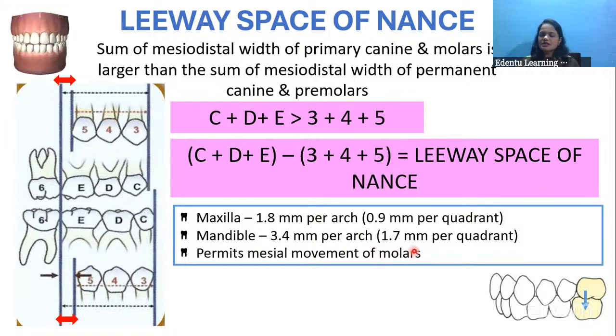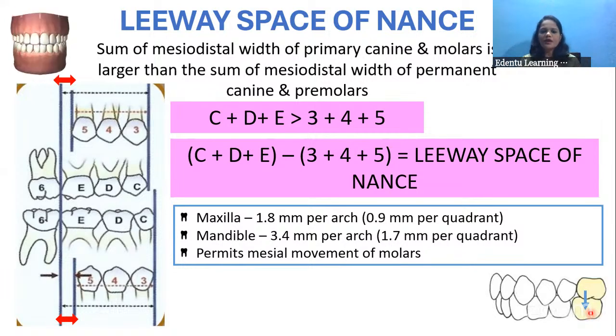Again, this is also for the mesial movement of the molars to achieve this molar relationship. The mandibular molars should move a little bit to the mesial side so that the mesiobuccal cusp of the maxillary molar will coincide with the mesiobuccal groove. To achieve that relationship, this leeway space of Nance and the primate spaces are there to help.